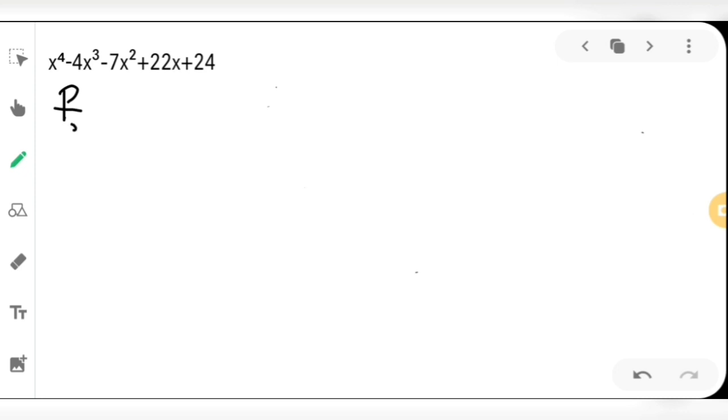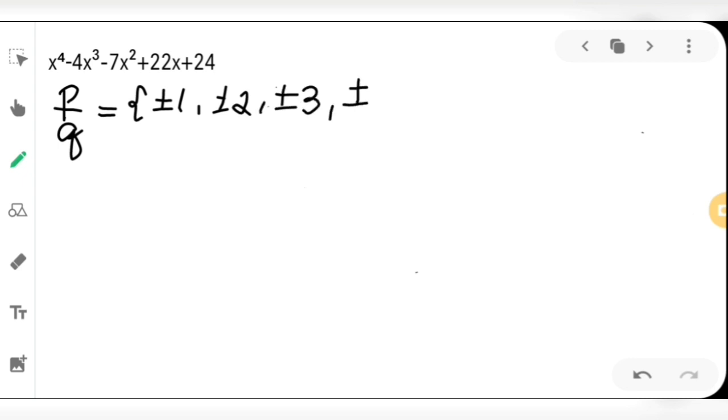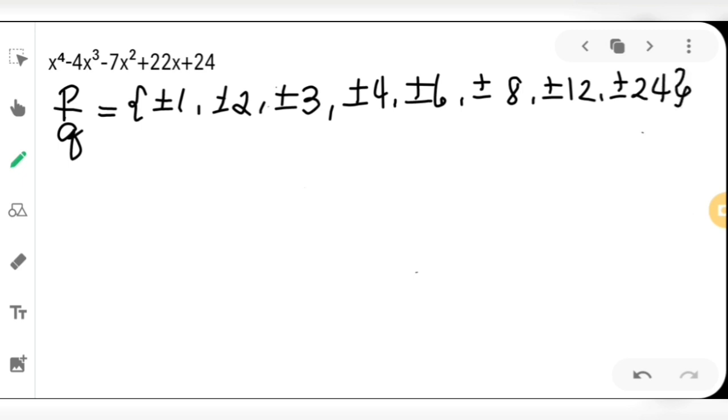So p over q is equal to positive negative 1, positive negative 2, positive negative 3, positive negative 4, positive negative 6, positive negative 8, positive negative 12, and positive negative 24. So, wow, we have 1, 2, 3, 4, 5, 6, 7, 8, 16 possible rational roots.